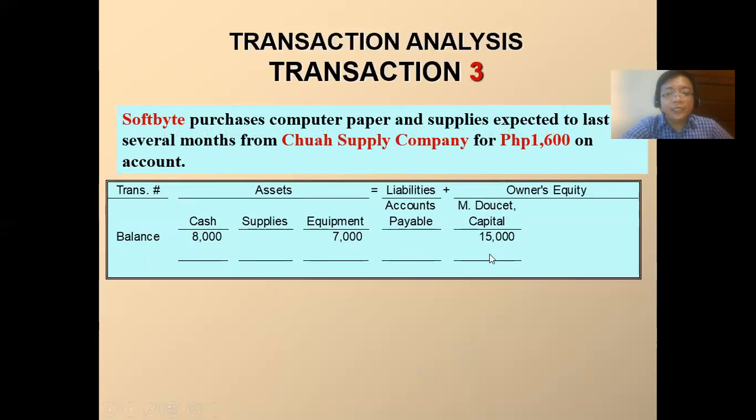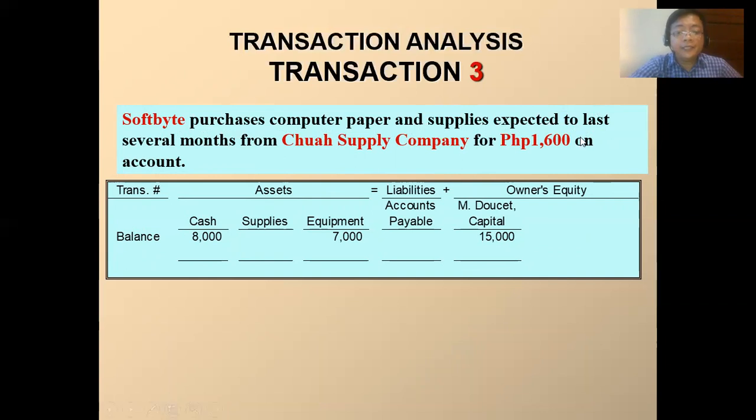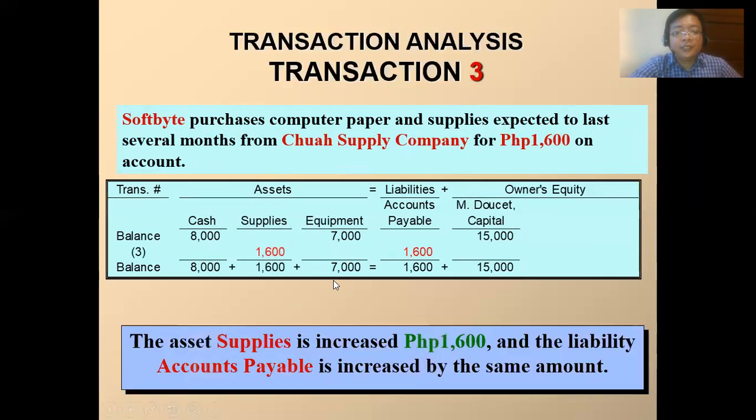Transaction number 3. What if you purchase supplies and the cost is 1,600? Of course, you purchase it on cash. Sorry, not really, it is on account. So it will add to your supplies, because you purchased 1,600 worth of supplies.